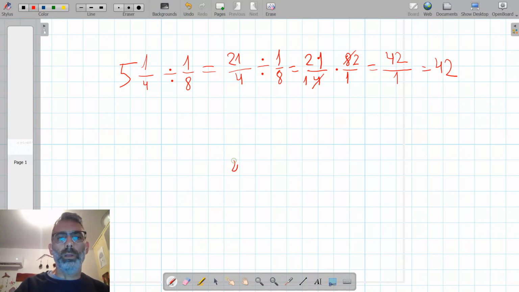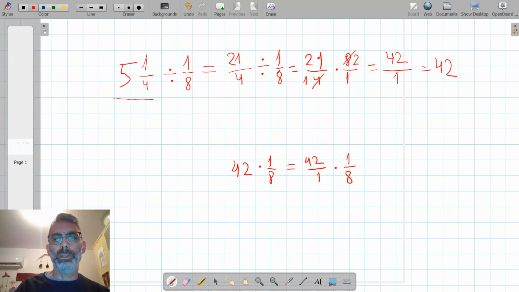Now let's multiply 42 times 1/8 to see if I get back to the initial amount, which is 5 and 1/4. 42 times 1/8 is like 42 over 1 times 1 over 8. 42 times 1 is 42, divided by 8.